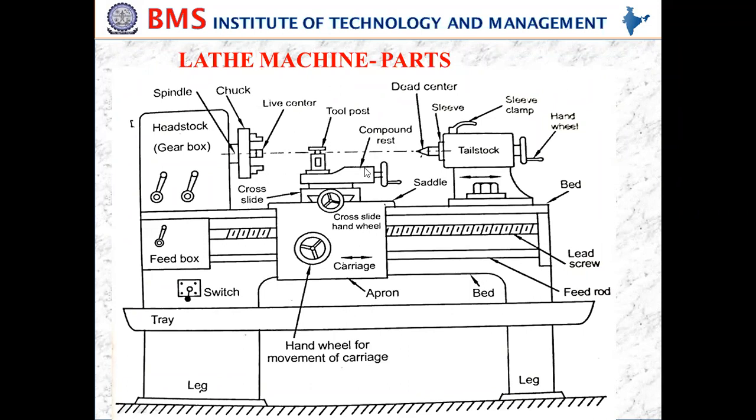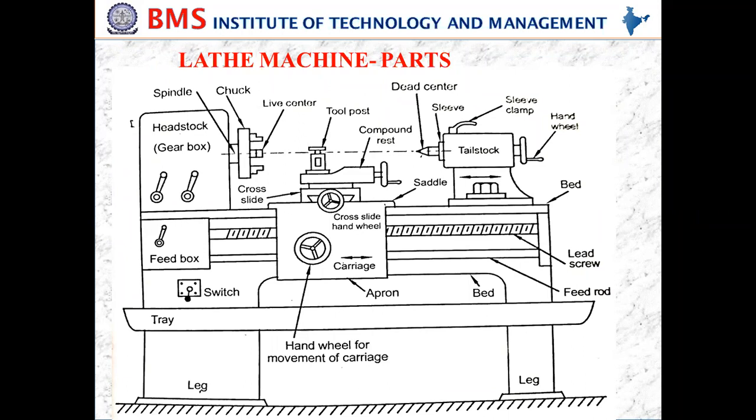The tool post is mounted on this compound rest, and the apron is where the levers, hand wheels and clutches which operate the carriage are placed.